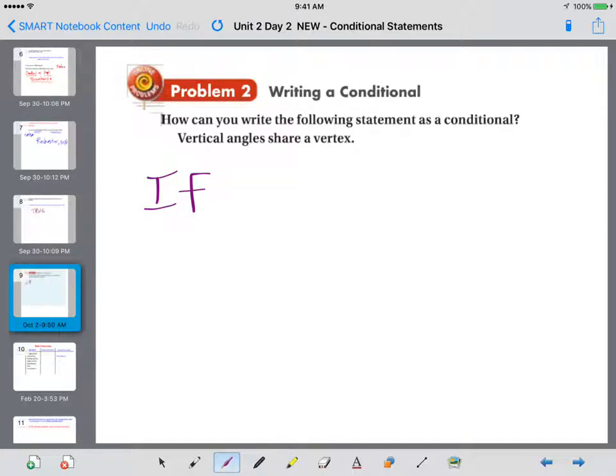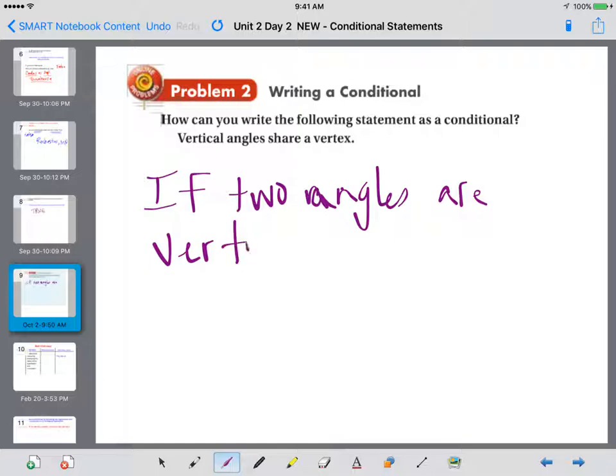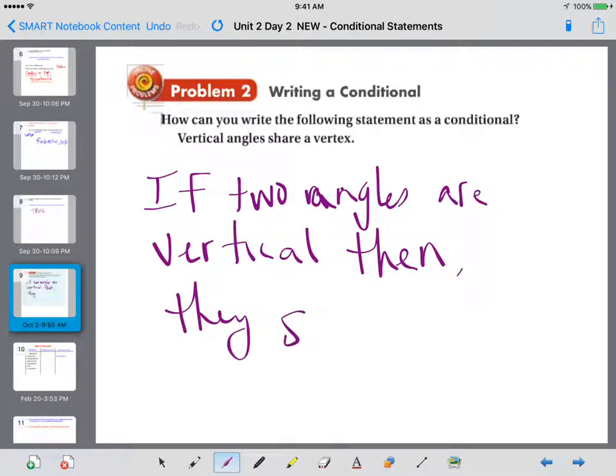Well, if, let's say, we need two angles to be vertical, so let's say if two angles are vertical, then we can conclude that they would share a vertex. So there's an example of writing a conditional statement.